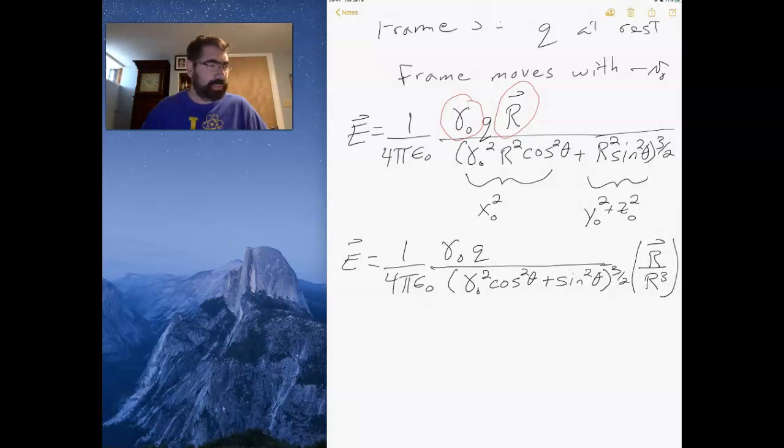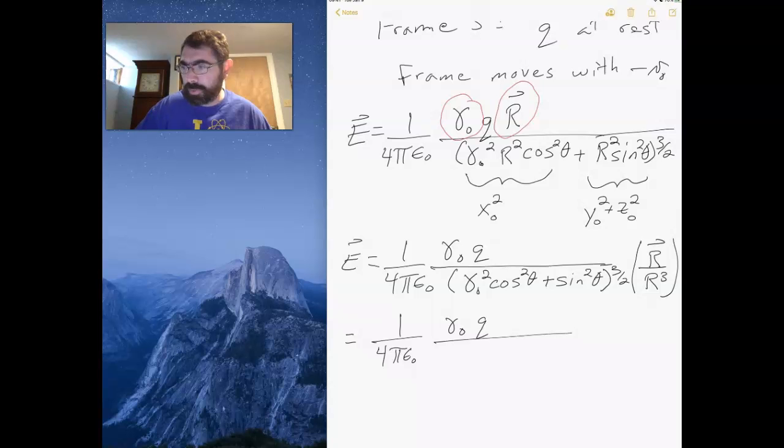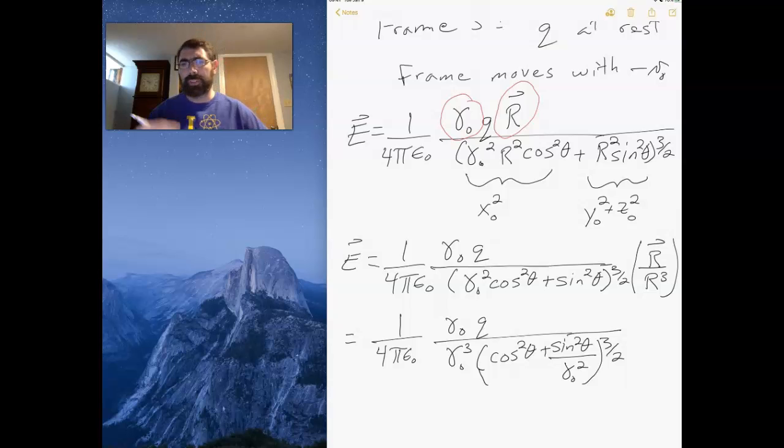So I can now factor a gamma squared out of the denominator, giving me gamma 0 cubed times cosine squared theta plus sine squared theta divided by gamma 0 squared, all to the 3/2 power. And since I have r vector over r cubed, I can turn that into r hat over r squared, like so.